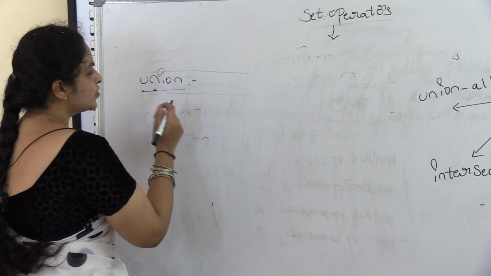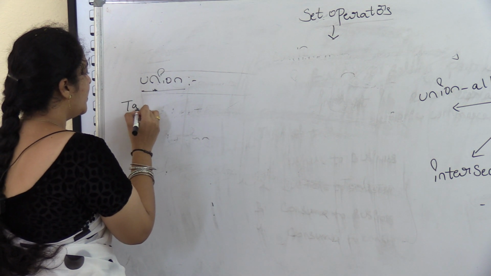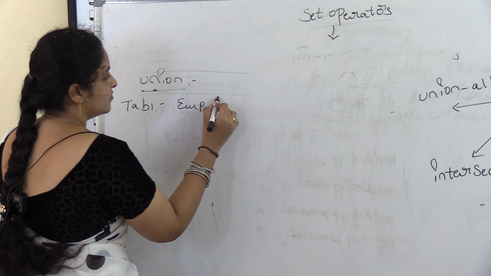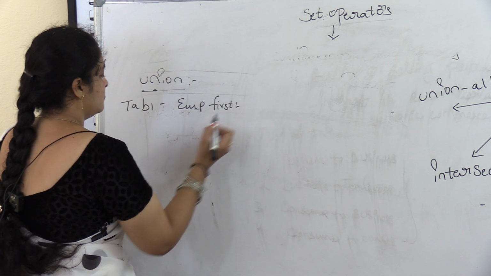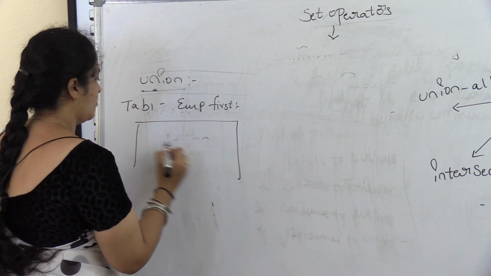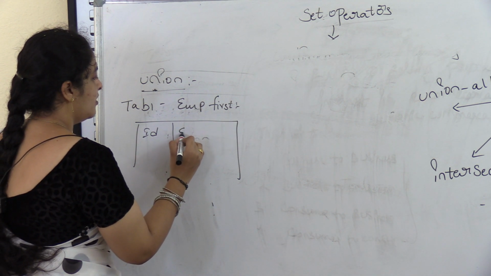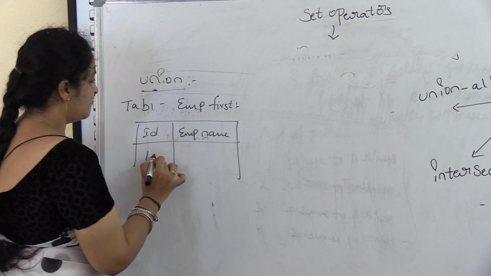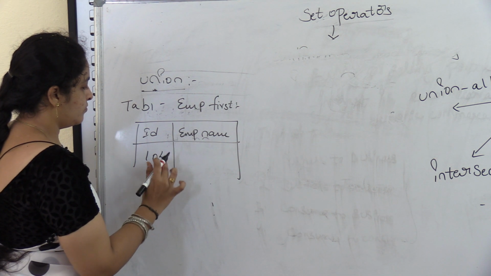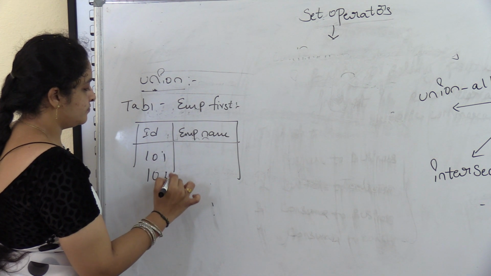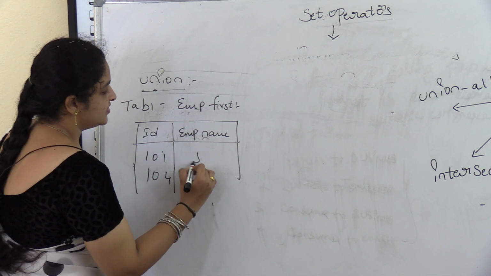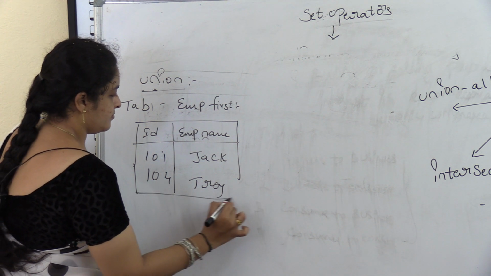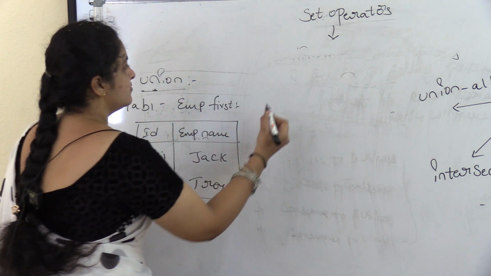We have to take two tables. Table 1 is named employee first, with ID and employee name: 104, Jack, Troy. This is the first table.